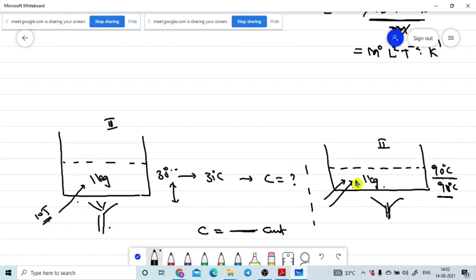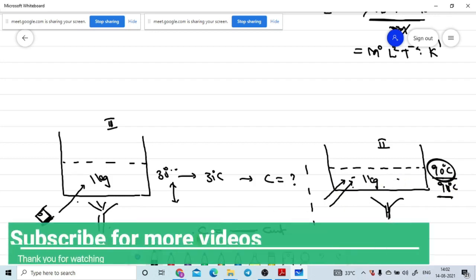But here the 10 joule energy is not sufficient because it is at 90 degrees Celsius. To raise it to 91 degrees Celsius you need more than 10 joule. Then only it will go to 91 degrees Celsius. That means specific heat capacity will be violated at higher temperatures. It is not a constant term at higher temperature.